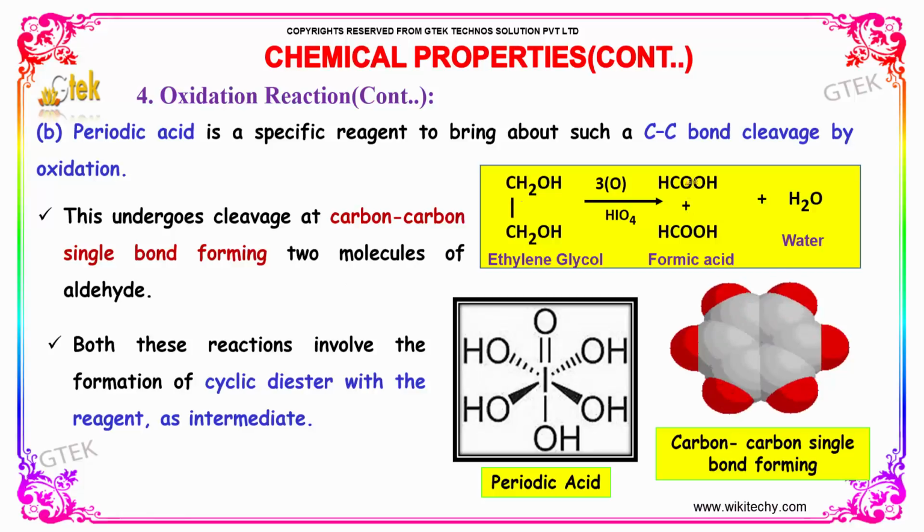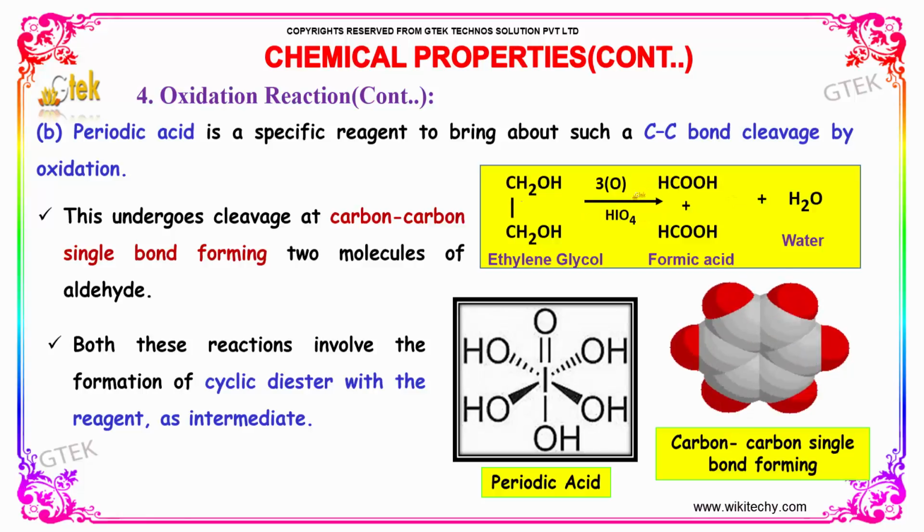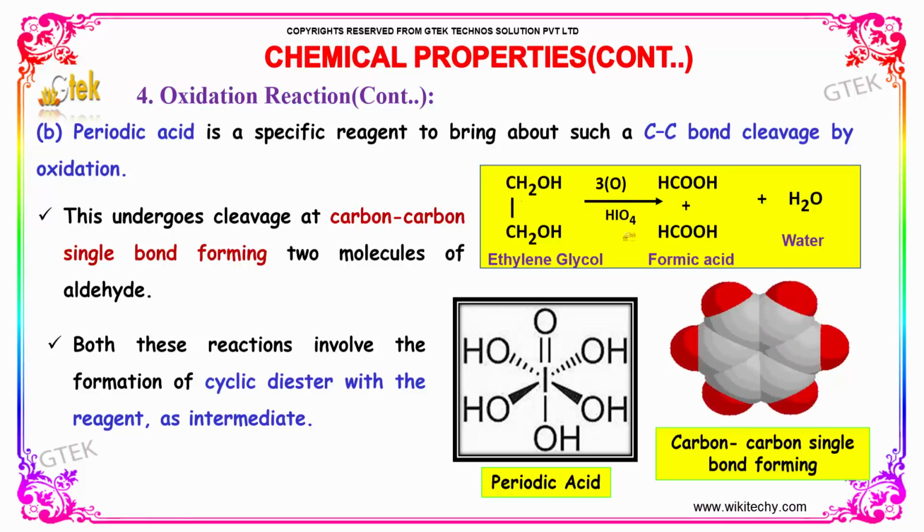This undergoes cleavage of the carbon-carbon bond forming two molecules of aldehyde, and on further reaction results in formic acid and water. Both these reactions involve the formation of a cyclic diester with the reagent as an intermediate.